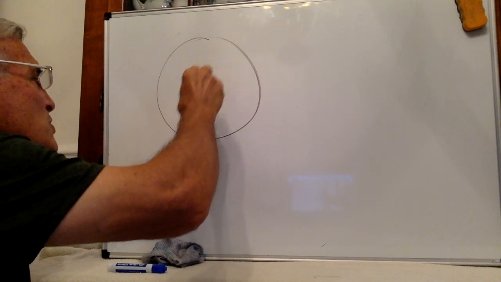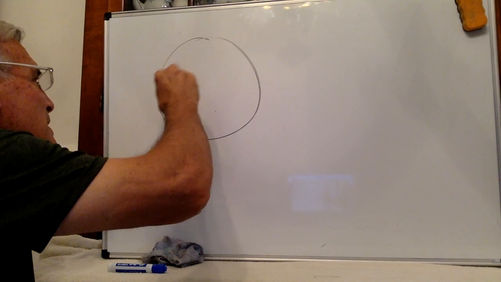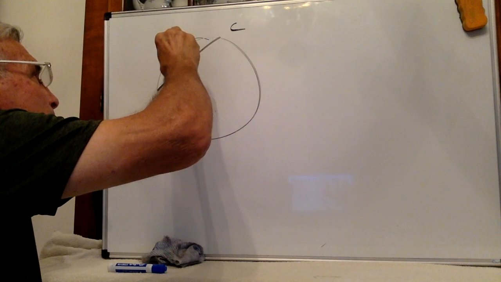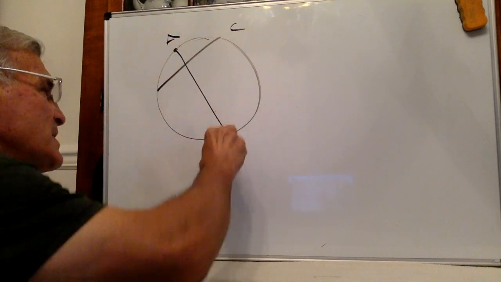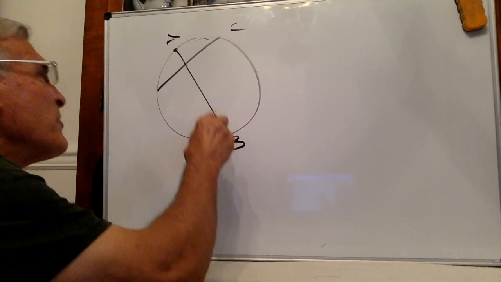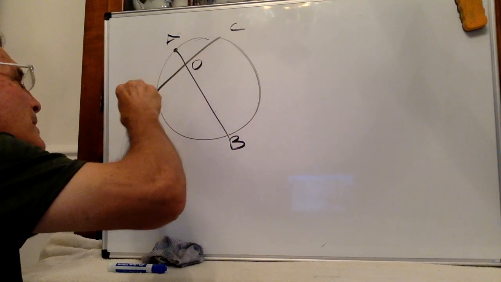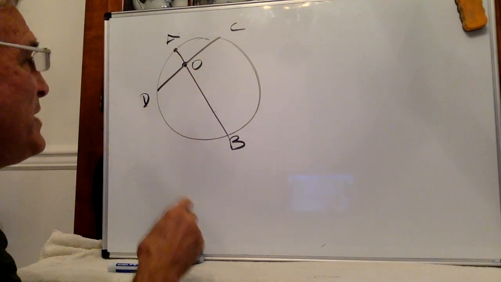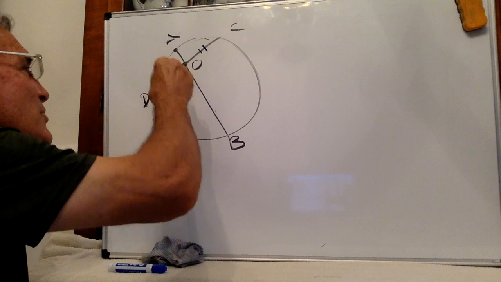But suppose we had this. Suppose it had been drawn this way. O could still be the midpoint of CD. This can still equal that.